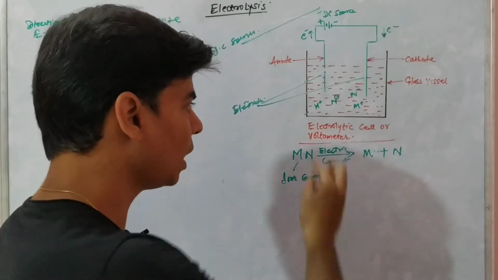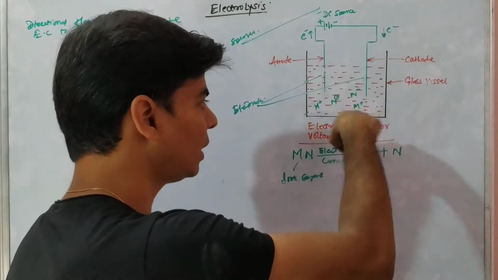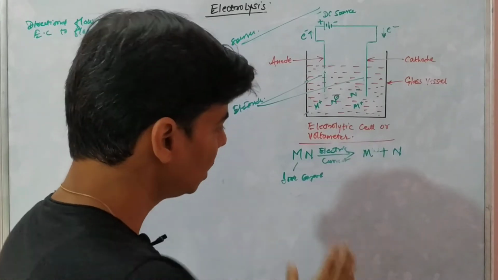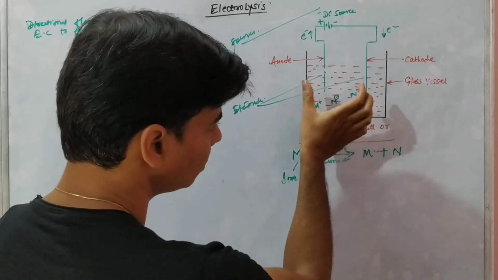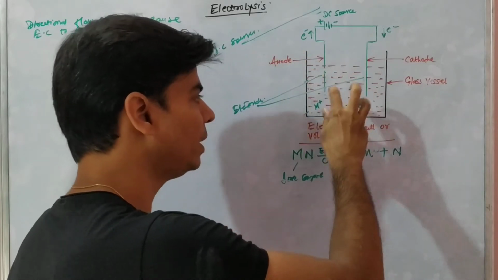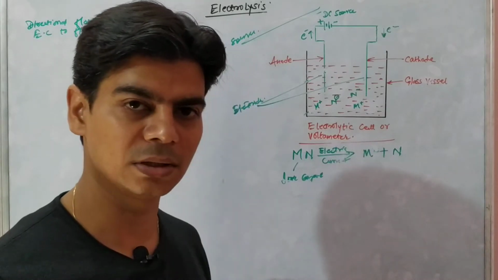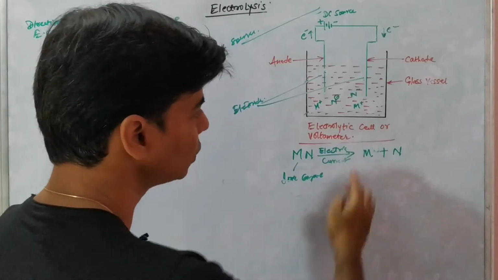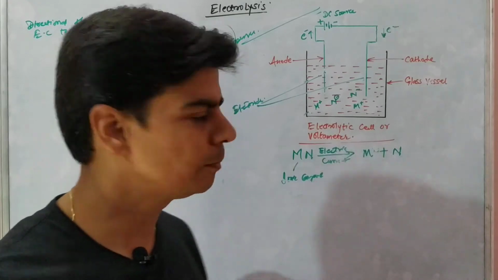Now we'll see how the directional flow of charge will cause electric current to flow inside this electrolyte, because to bring about this reaction, this ionic compound, which is nothing but this electrolyte, has to conduct electric current, since we are doing this reaction with the help of electric current. So it is necessary for this electrolyte to conduct electric current.